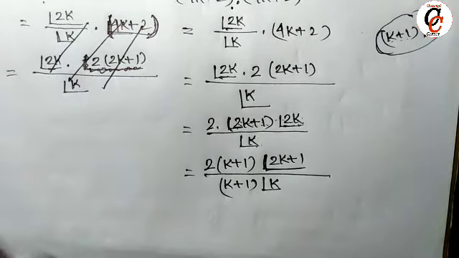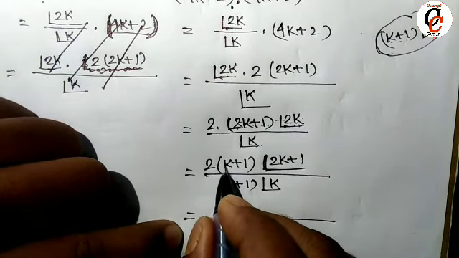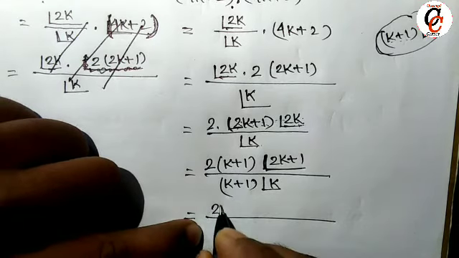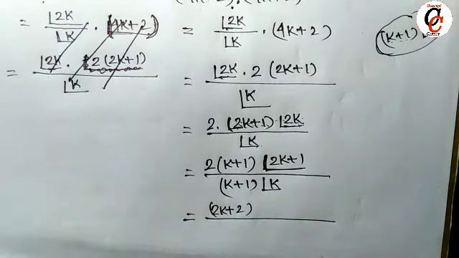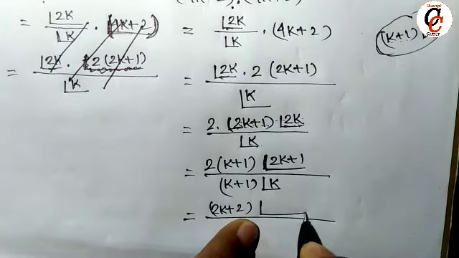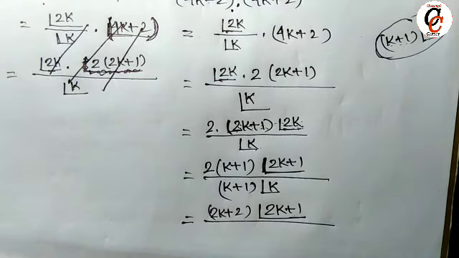Now see, already it is done. 2k plus 1, if we break it 2k plus 2, is there any problem? No, I can't explain it, you are smart. 2k plus 1, yes, got it.